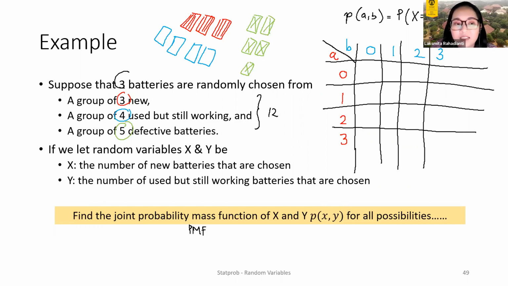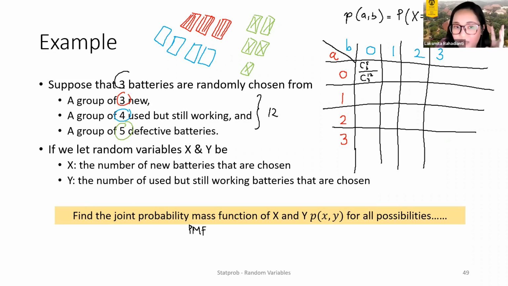So the possibilities are, I have a combination of 3 out of 5 over the combination of 3 out of 12. So the sample space, don't forget, is the combination of me taking 3 batteries out of 12 total.